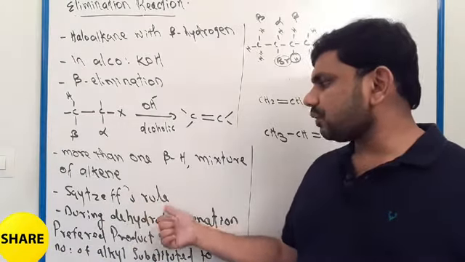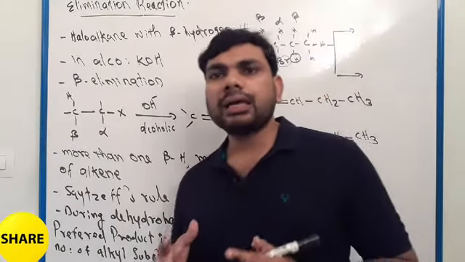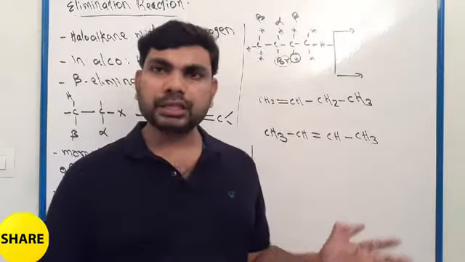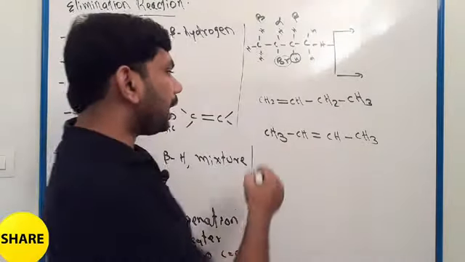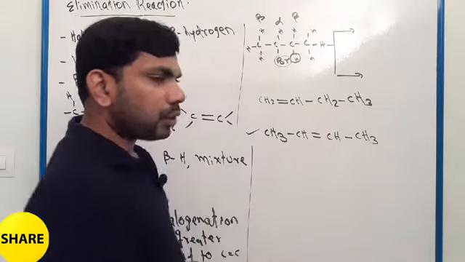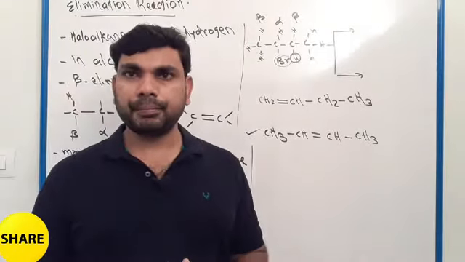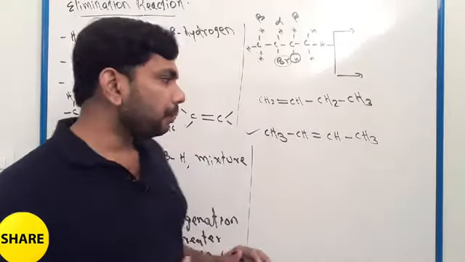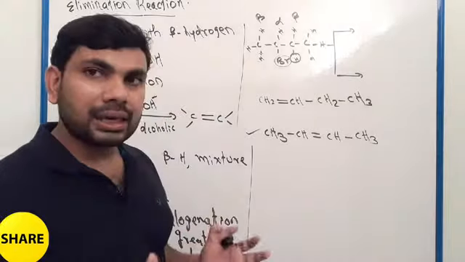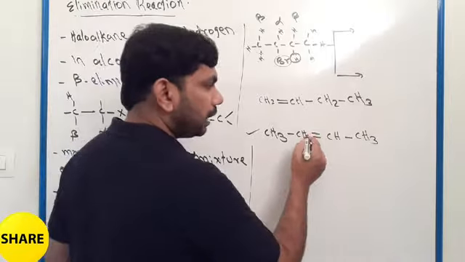According to Saytzeff rule, among the 2 possible products, the major product will be the alkene in which the carbon-carbon double bond carries more alkyl substituents, the more alkyl-substituted alkene. Look here, this is the carbon-carbon double bond.